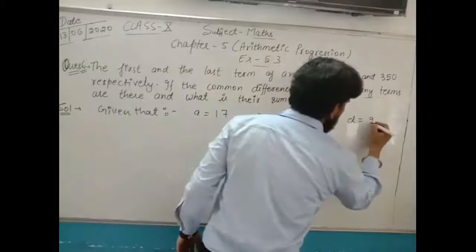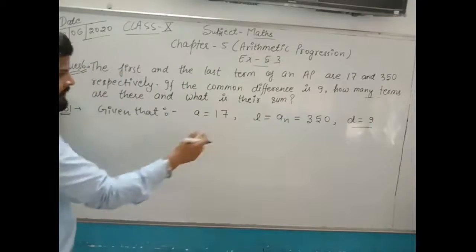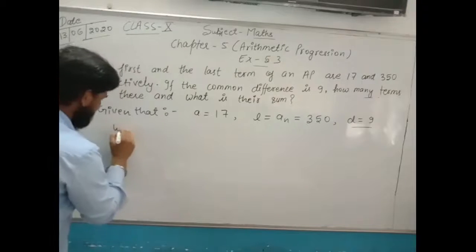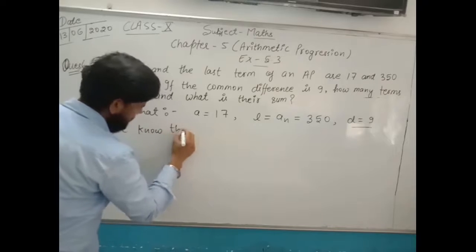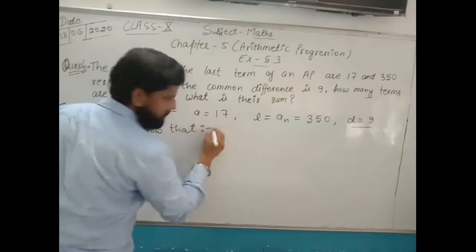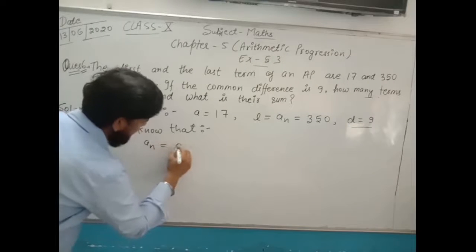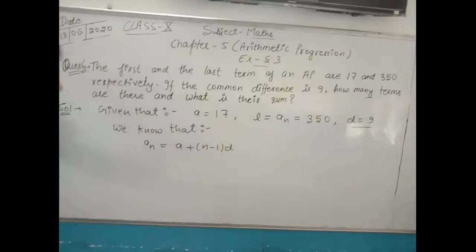Okay, now put the values. We know the formula of an, so we know that an is equal to a plus n minus 1 multiplied by d.